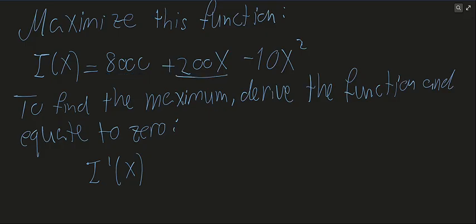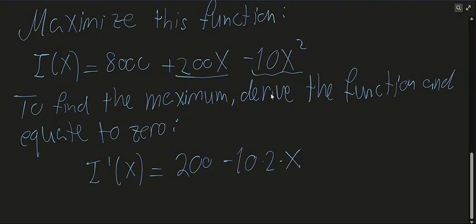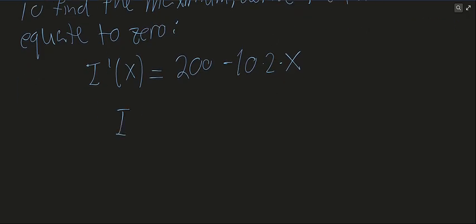The derivative of 200x is just the coefficient, 200. And the derivative of negative 10x squared is negative 10 times 2 times x. So I prime of x is equal to 200 minus 20x.